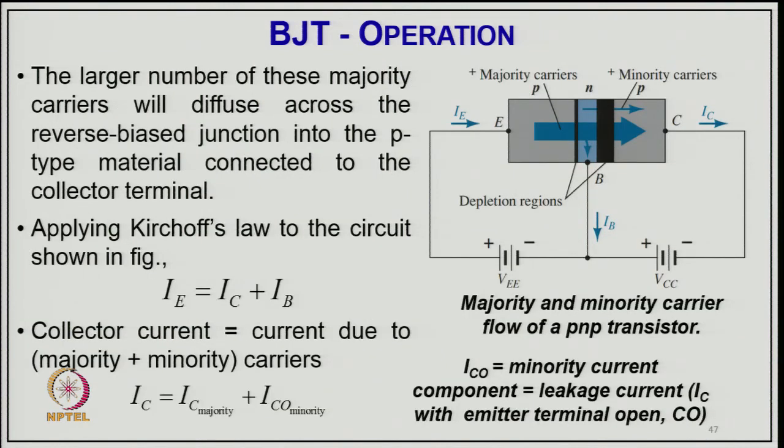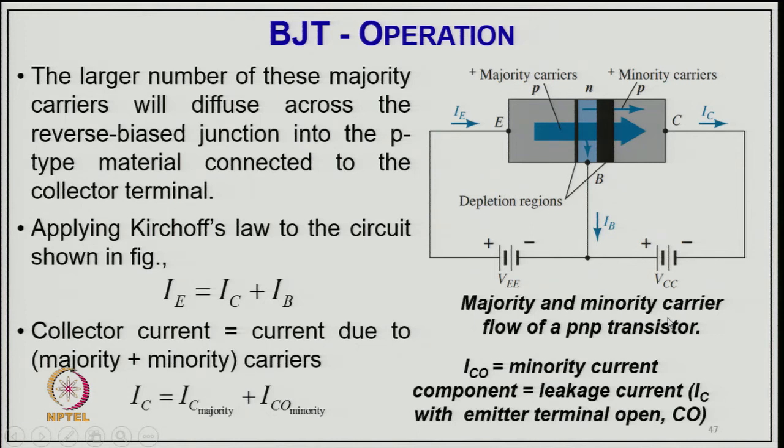So, typically the large number of these majority carriers will diffuse across the reverse biased junction into the P type material collected at the collector terminal, and applying Kirchhoff's law to this circuit, we say the emitter current I E equals the collector current I C plus the base current I B. A small current flows here, but another current flows here.